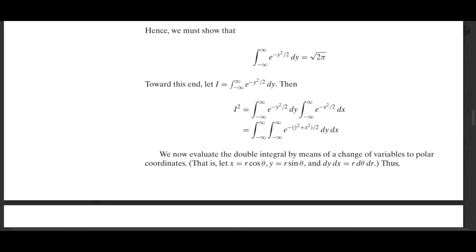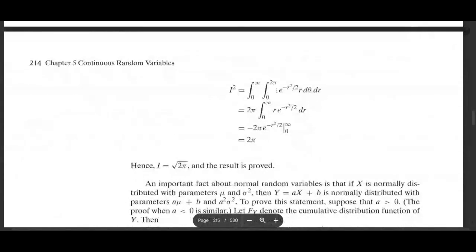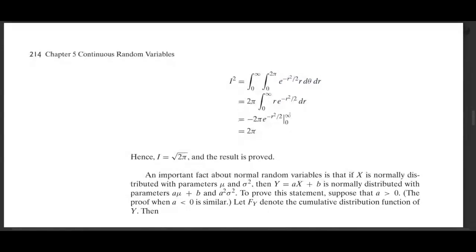Once we change x squared plus y squared to r squared, and dx dy to be r dr d theta, we can integrate. Otherwise, we won't be able to integrate. Then we have e to the negative r squared over 2 and r dr d theta. Now we can integrate this.